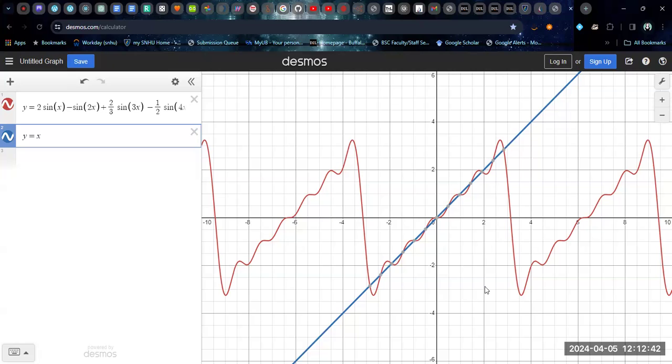Of course, it's periodic. We're imagining it as being periodic, because our sine and cosine functions are likewise periodic. And as we keep adding additional terms, we get better and better approximations to our y equals x function. So the graph is doing exactly what we had hoped that it would do.